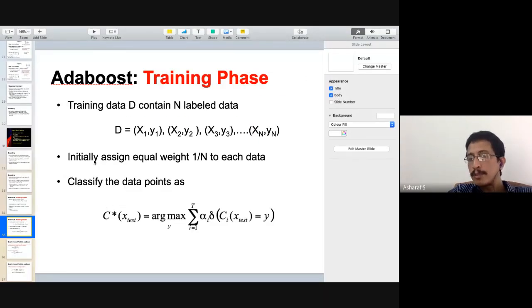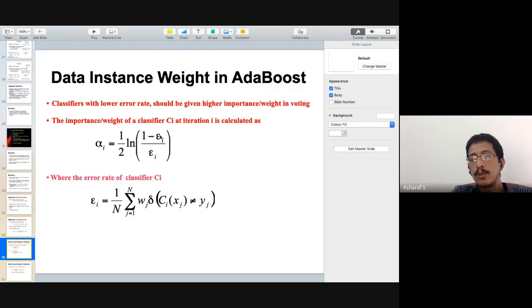With the new set of weights, you can again train the classifier. You train the model using the same training data, and if a point is not correctly classified, then based on the incorrect classification you get an error rate, right?